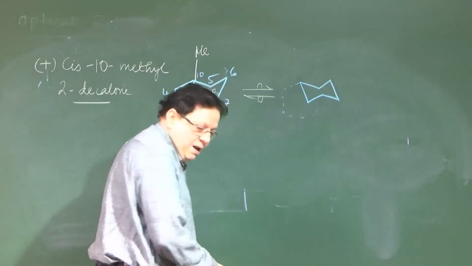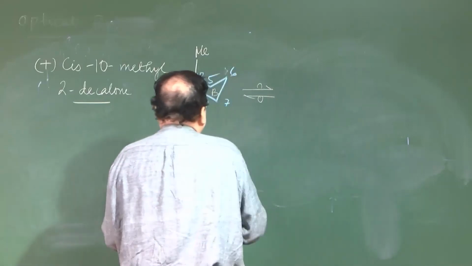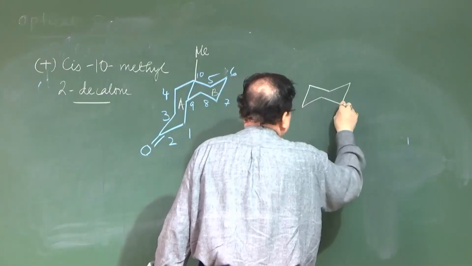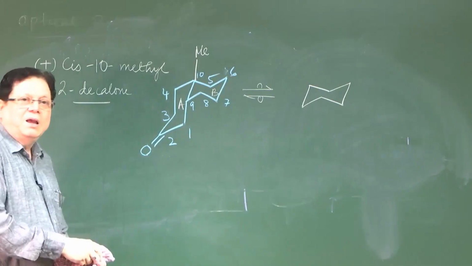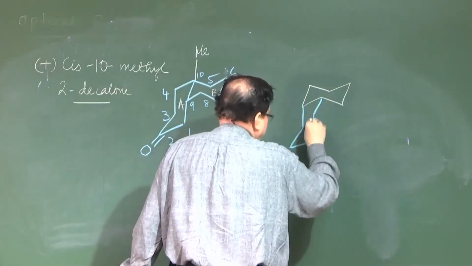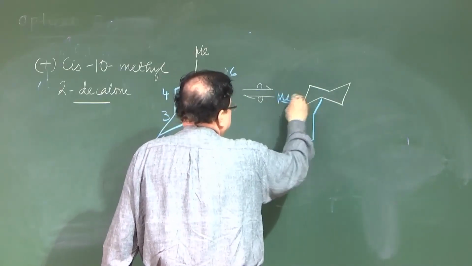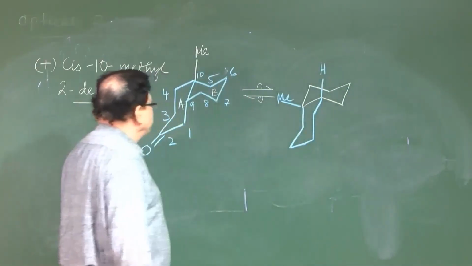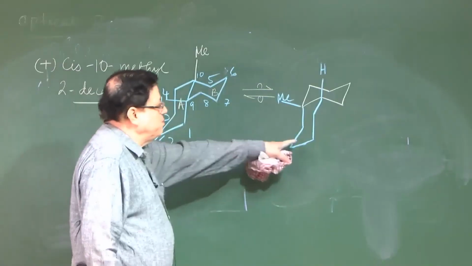So, in order to avoid that, you give it a 120-degree turn and make the chair look like whatever it was earlier, that is the original chair. Okay. And if you do the original chair, then you can draw it like this. Now, you have to check whether the methyl is equatorial. Yes, methyl is equatorial with respect to the B ring, and hydrogen is axial with respect to the B ring. Okay. So, that means this is the flipped form, no doubt about that.